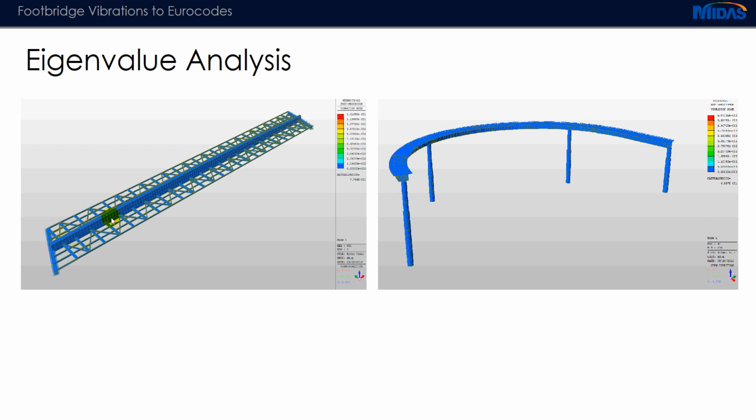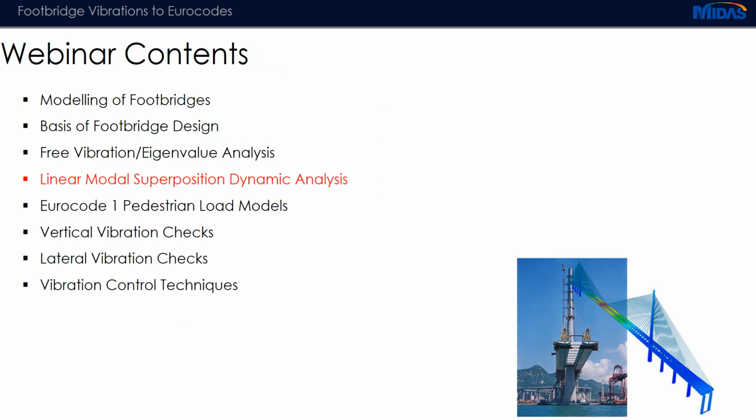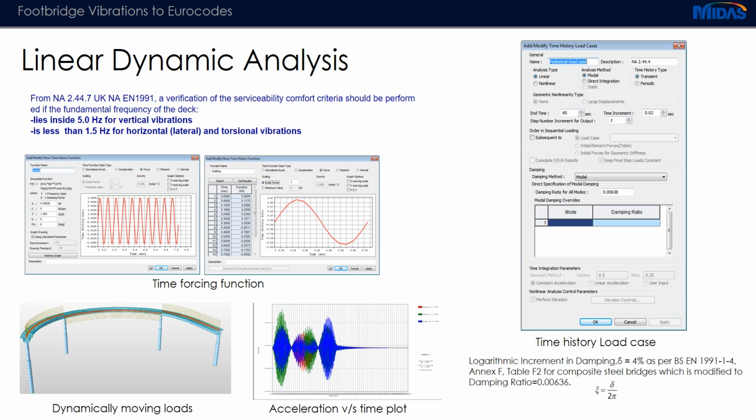Once we have identified that, the next step is to check whether we need a complicated analysis to say that the bridge is successful in the serviceability check for comfort criteria of pedestrians.